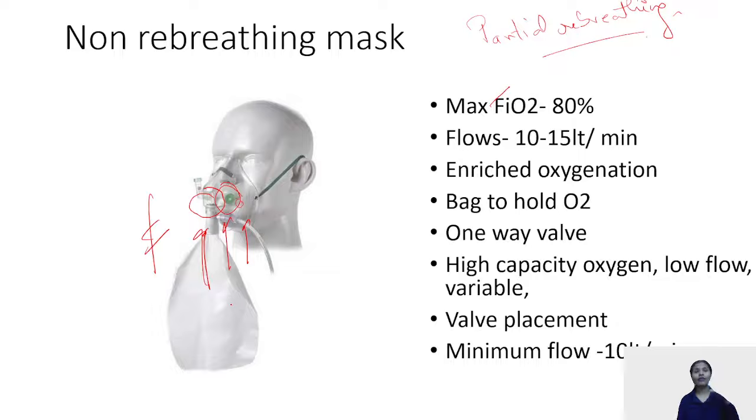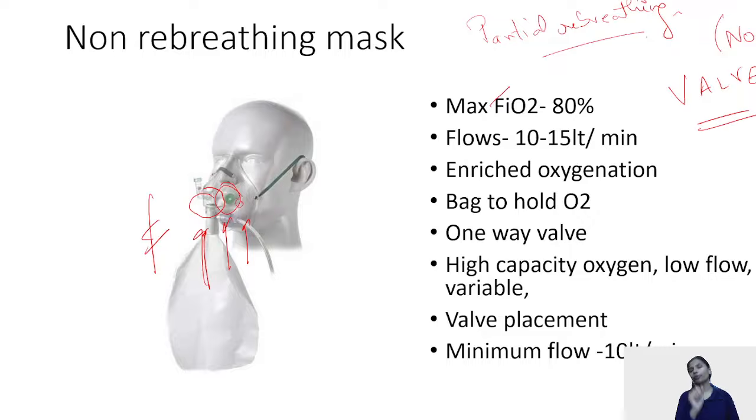I'm sure I'm very clear about the non-rebreathing mask. In the partial rebreathing mask, there is no valve. The valve is absent, because of which rebreathing occurs, but that rebreathing will depend upon what fresh gas flow rate has been set.